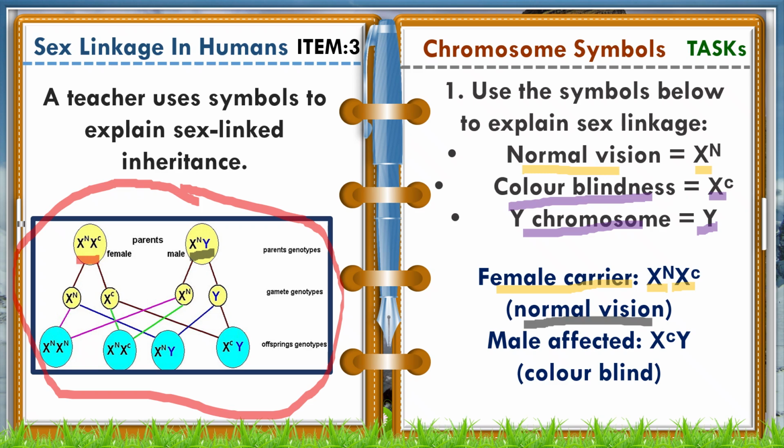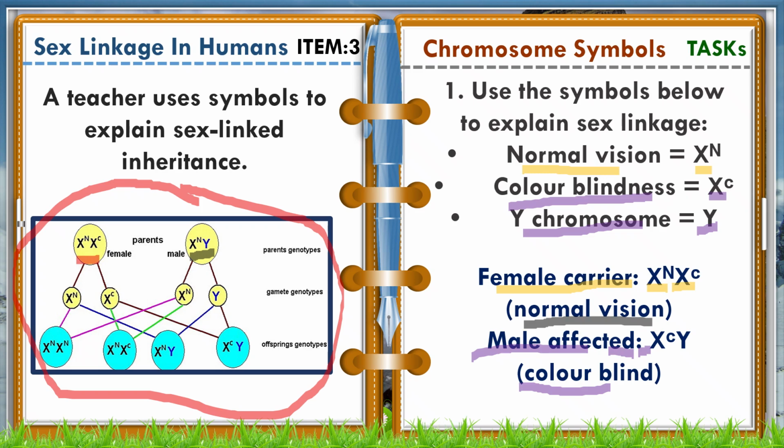When it comes to the male, the affected male has an X chromosome which has got the color blindness gene and a Y chromosome. So this gentleman is going to become color blind.